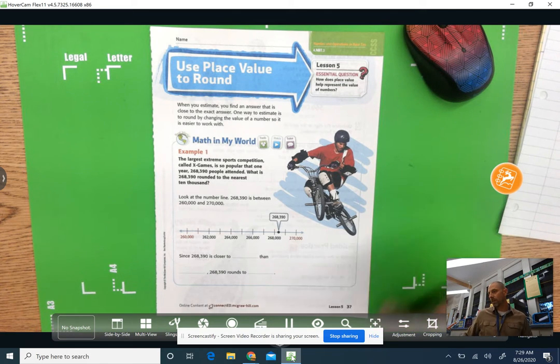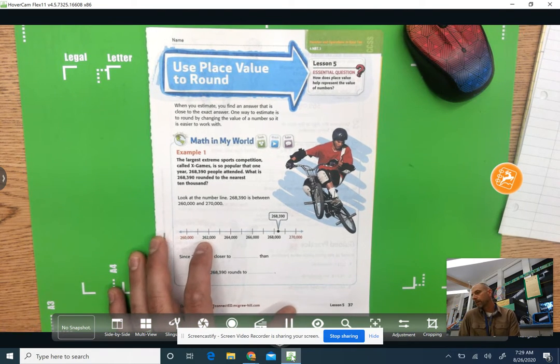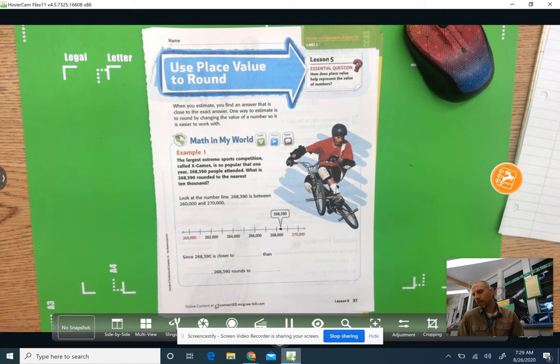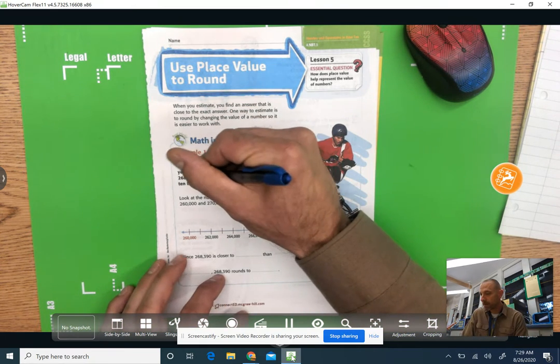All right, the dreaded rounding, boys and girls. Today we're going to be using place value to round. And the difference between rounding in fourth grade versus rounding in third grade or second grade are the size of the numbers.